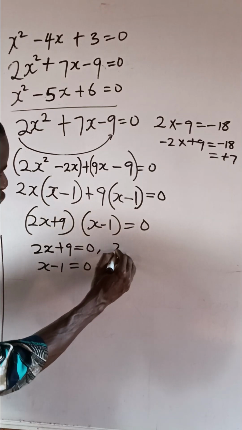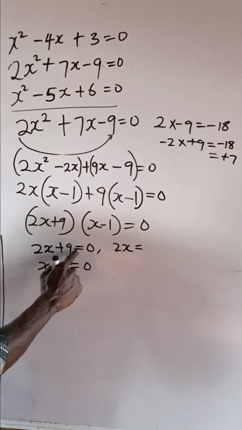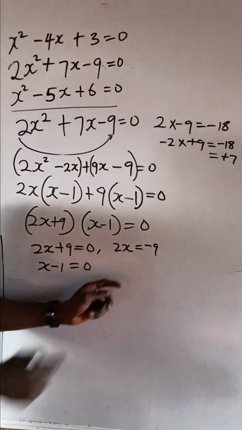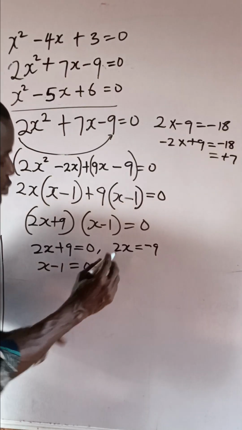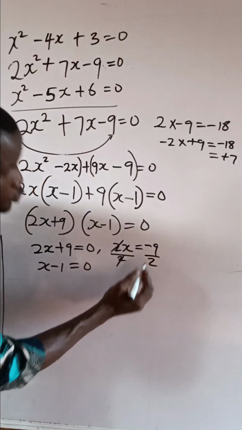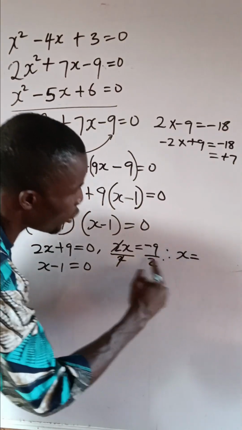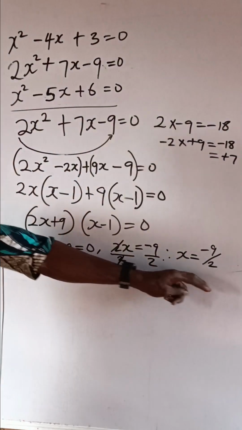That means we are going to have 2x equals to, once this plus 9 crosses this equality sign, it becomes minus 9. And we cannot leave it like this because there is a coefficient here. We are going to divide it by the coefficient. So 2 divided by 2, 2 cancels 2. Therefore, the final answer will be x is equals to minus 9 divided by 2. That is our final answer.